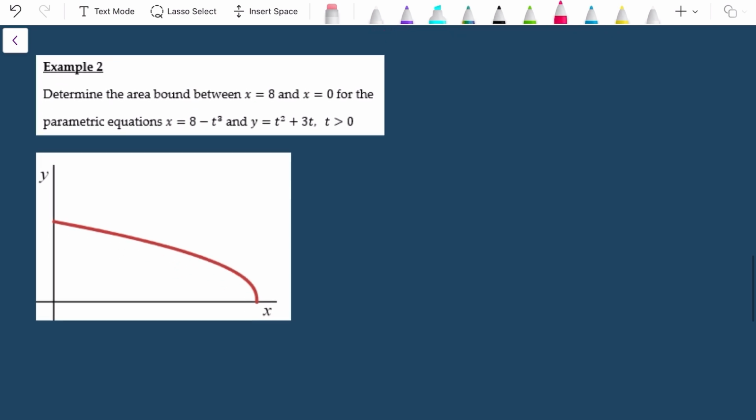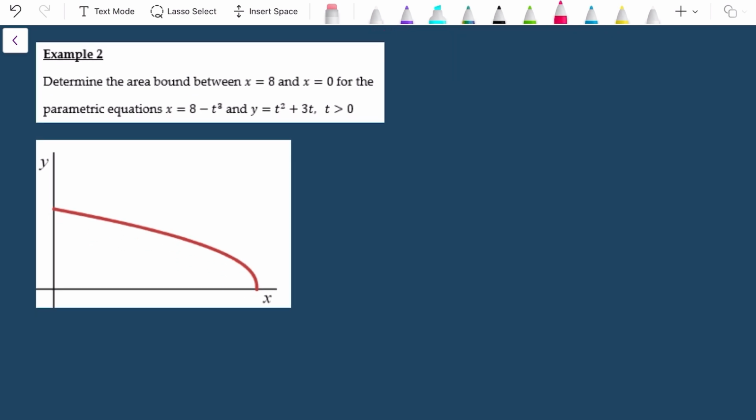Determine the area bound between x equals 8 and x equals 0 for the parametric equations x equals 8 minus t cubed and y equals t squared plus 3t. So, first thing I do always is find my t values. So here we go.